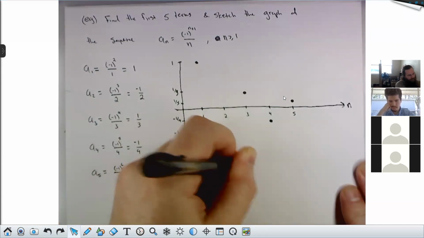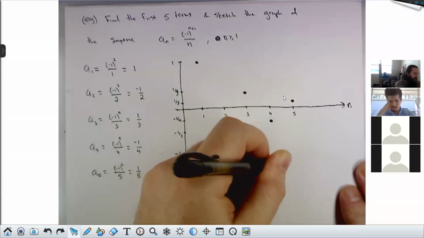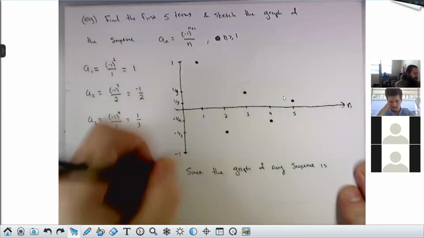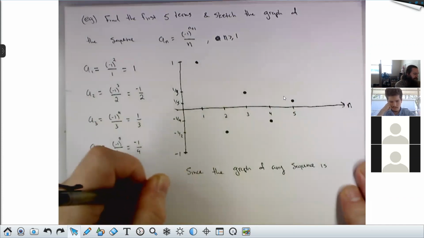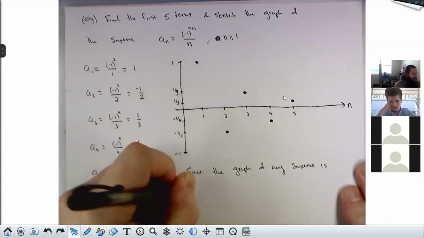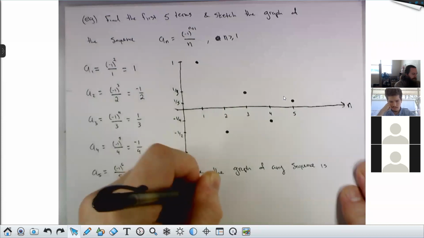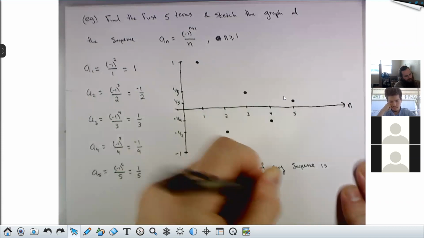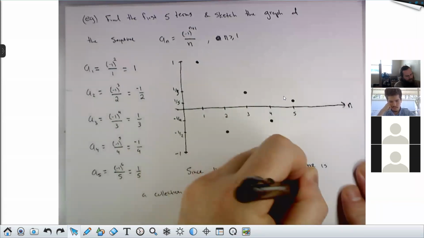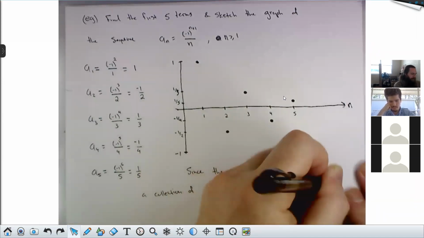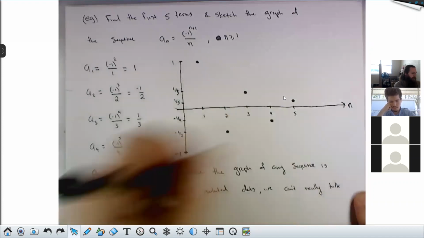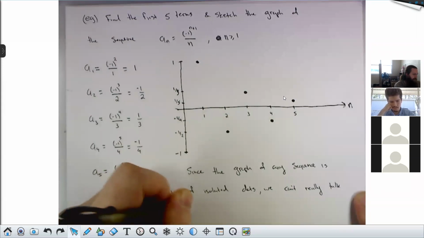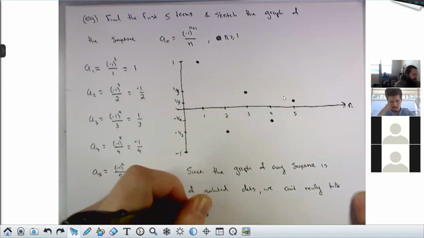Since the graph of any sequence is a collection of isolated dots, we can't really talk about continuity, right?